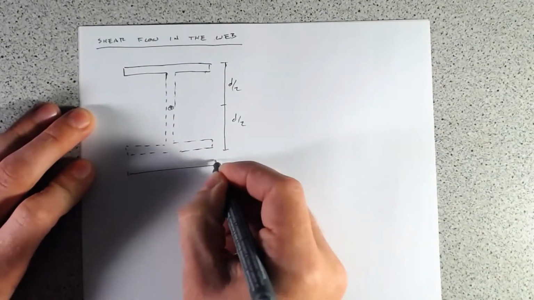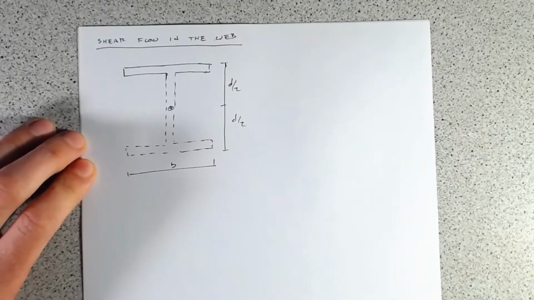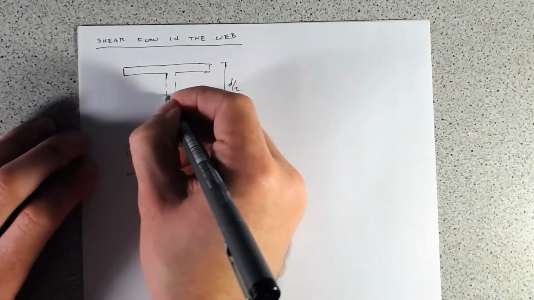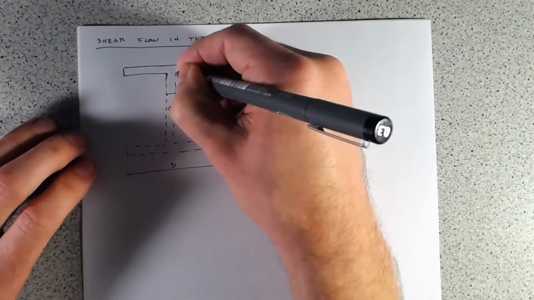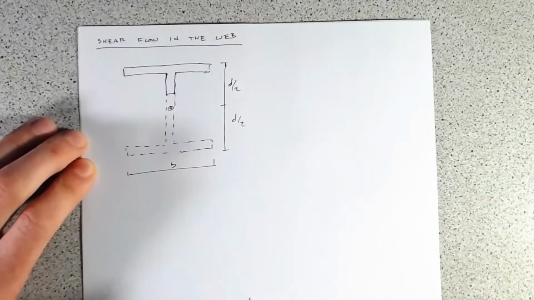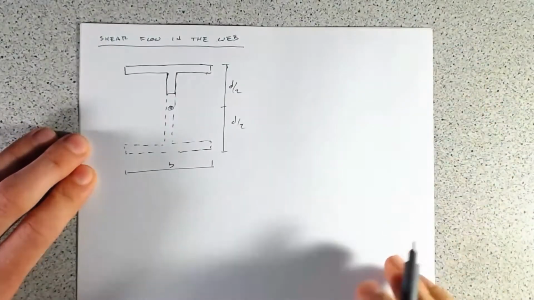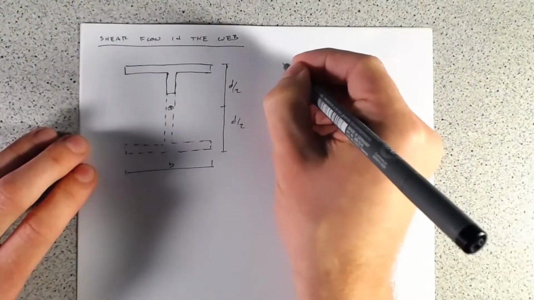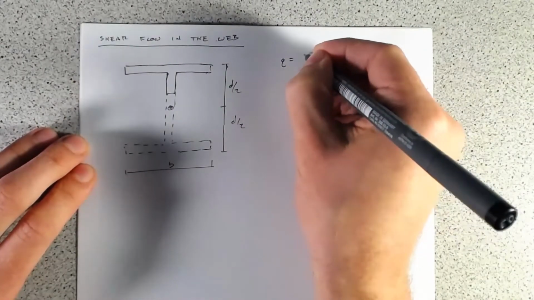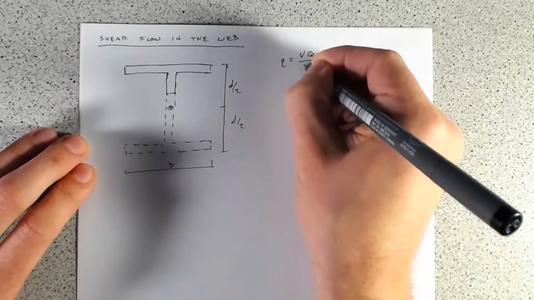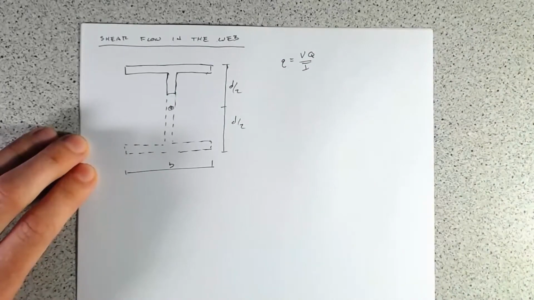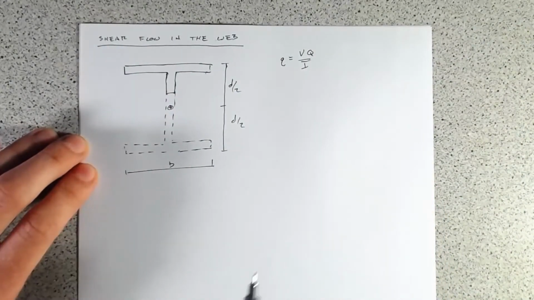It has a width b, and say we want to take in this portion of the web. So if our shear flow equation is going to be q equals VQ over I, well, again, just like for the flanges, V and I are constants.